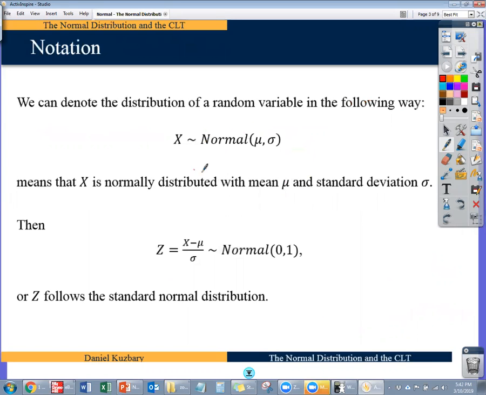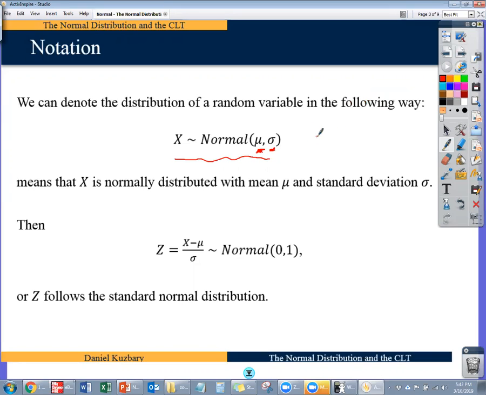Here, just some notation. If we want to identify something as being normally distributed, we need to specify what the mean and the standard deviation are. We can know a lot of things about a random variable just by saying it's normal, with its mean some number mu and its standard deviation some number sigma.